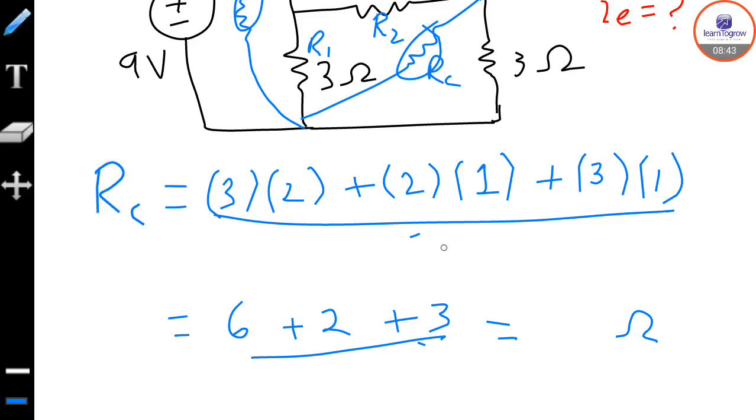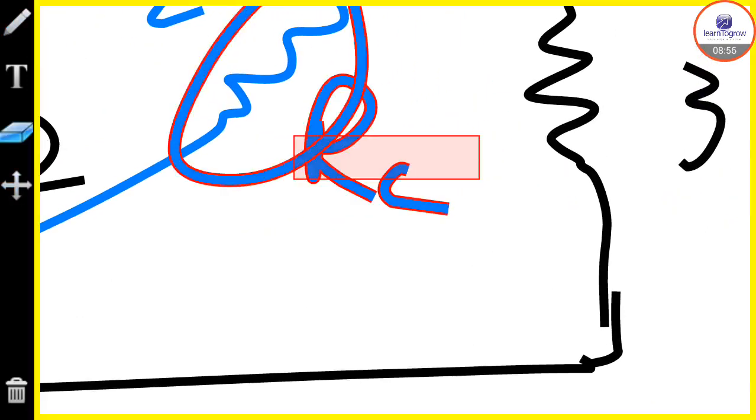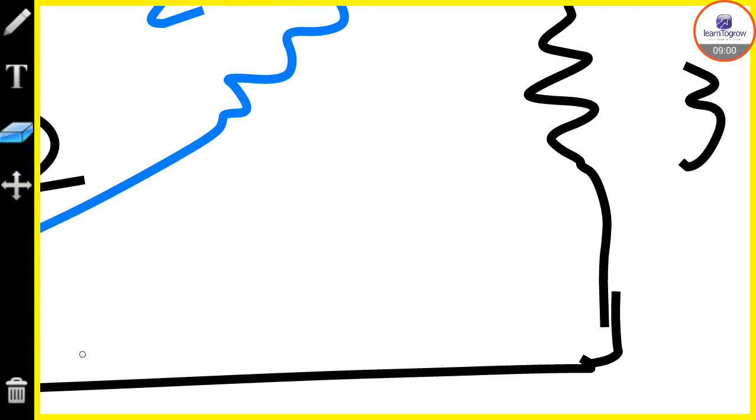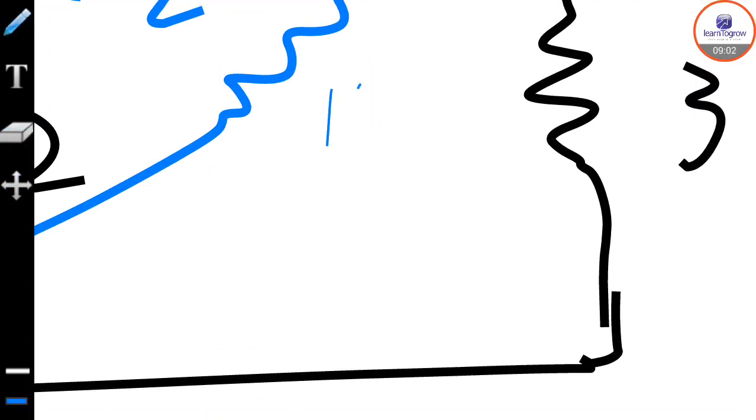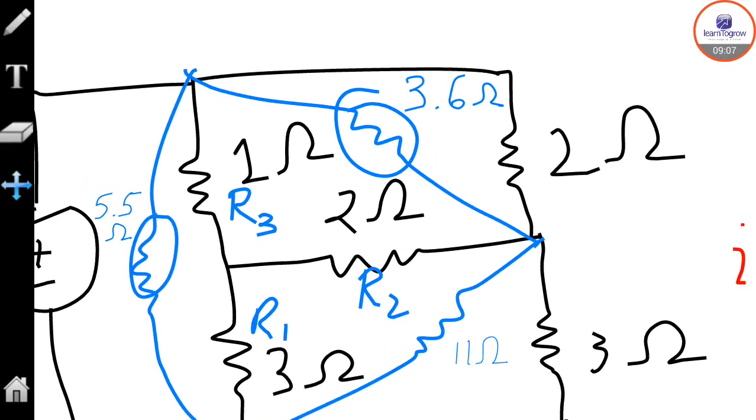For RC it is 1, and it is now 11. For RC we will change it with the value 11 ohm. Okay, now we have all the three values.